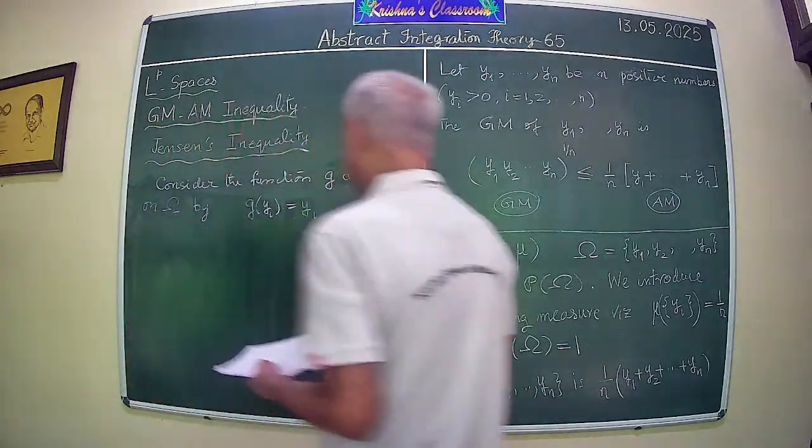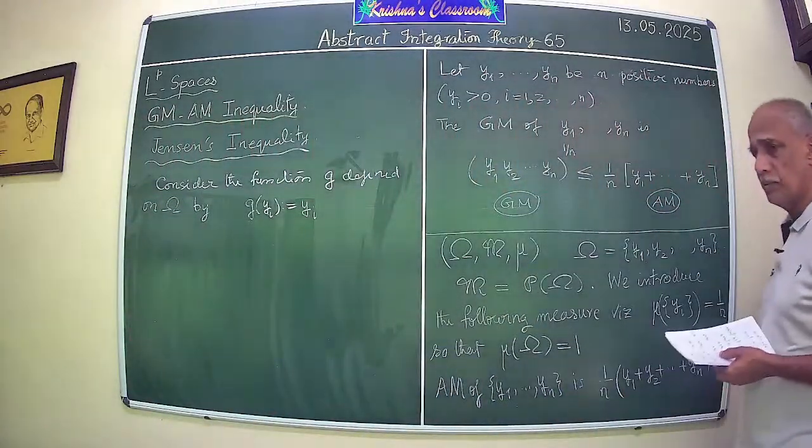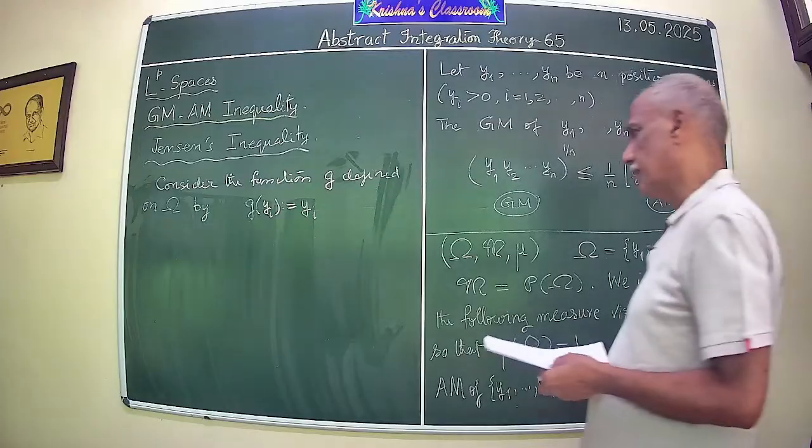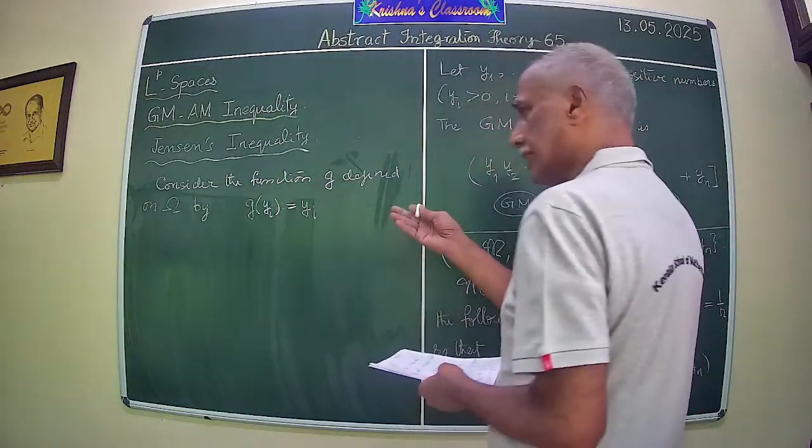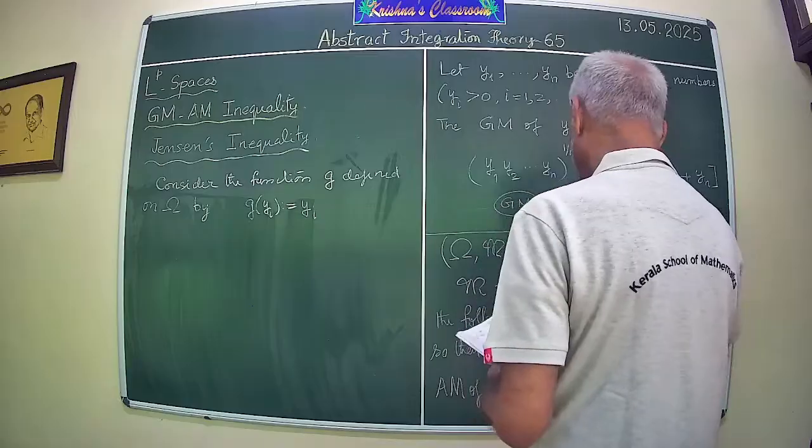That is the definition of g. It's a real valued function which is in fact the identity map on omega.